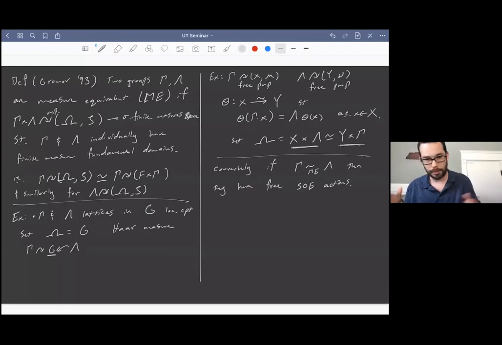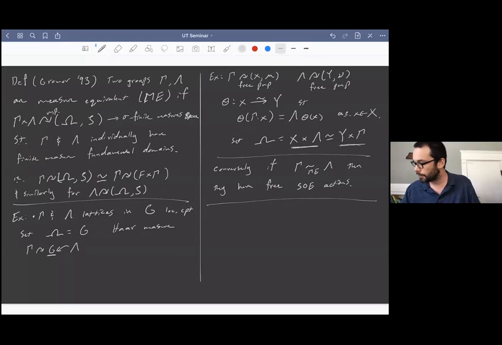Meaning you can restrict to positive measure subsets. And I should also mention that one of the early developers of measure equivalence is Alex Furman, who's in the audience right now, I see. And he gave nice proofs of all these connections, and he has a fundamental paper developing these notions in the '90s.